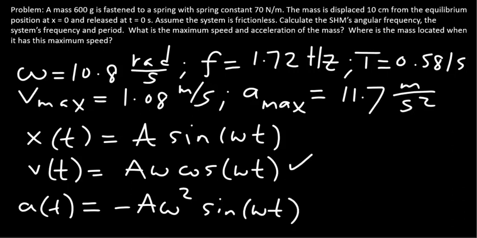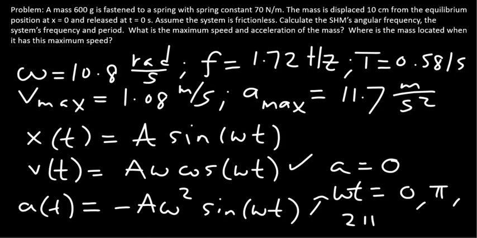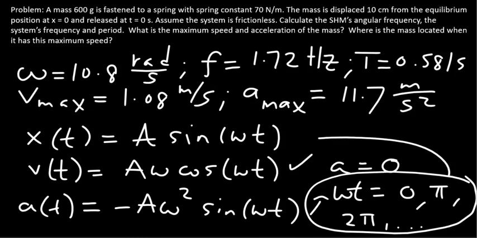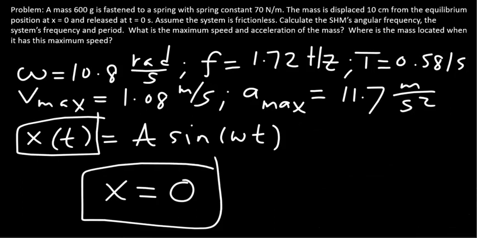When v is maximum, a has got to be 0, and that happens when omega t has the following values. It can be 0, it can be pi, it can be 2 pi, and so on. When you substitute any of these values inside here, you will see that x will also be 0. So that means the mass is located at x equals 0 when it has this maximum speed.